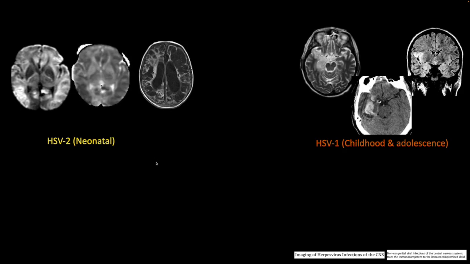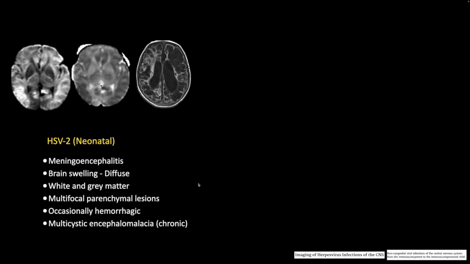As you know, HSV has two prime forms: HSV2, the neonatal or congenital presentation, and HSV1, the childhood and adolescent presentation. HSV2 in comparison to HSV1 is more diffuse, involves the gray and white matter structures, as you can see in the diffusion and ADC sequences. Hemorrhage is less common in comparison to HSV1 encephalitis.